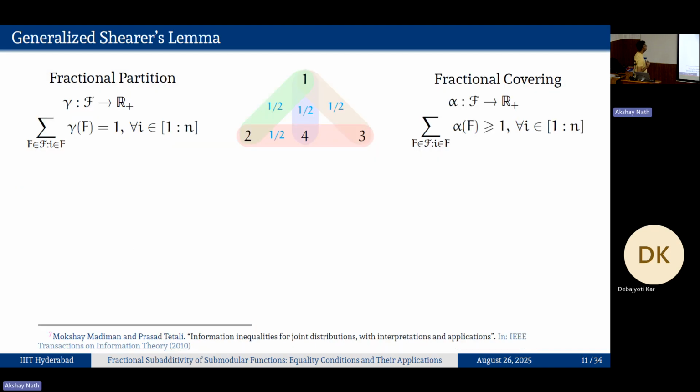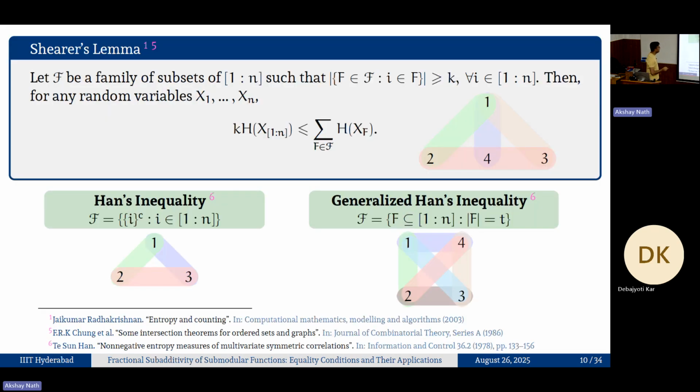So now, if I take this 1 by k to the other side, I have the following. Let's say this is equal to k.